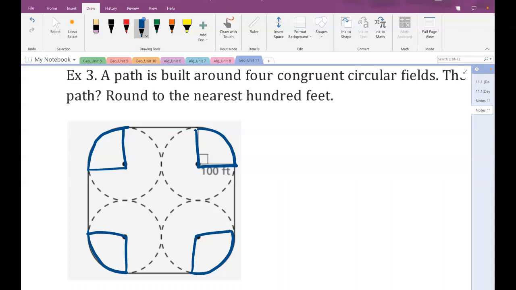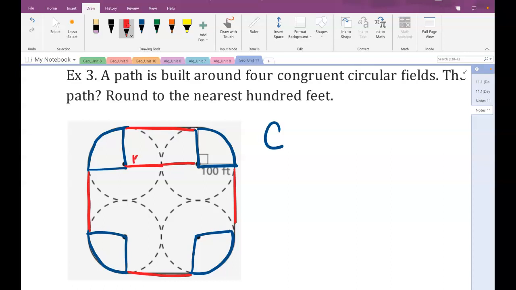So our perimeter is going to use the circumference of just one circle. We also walk around these 4 straightaways in red. Those straightaways are just the distance from the center point of one circle to the center point of another. We're walking a radius, and then another radius.